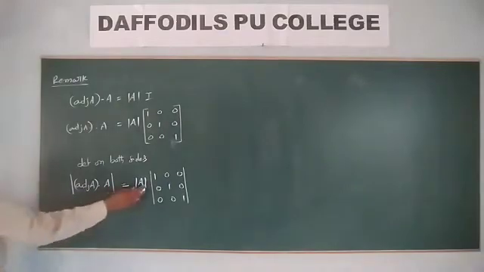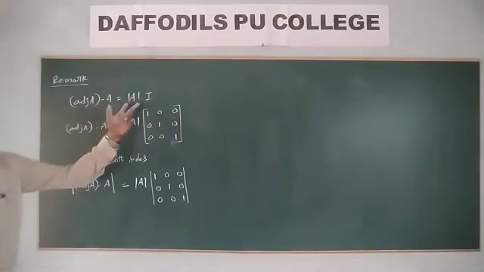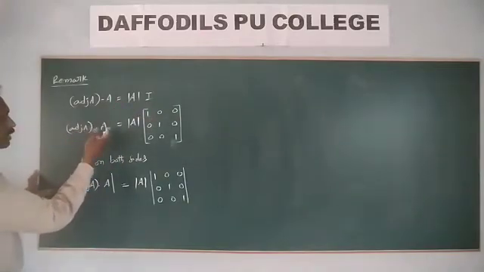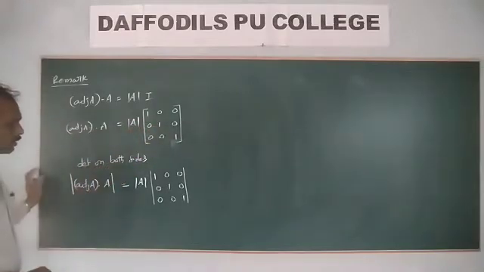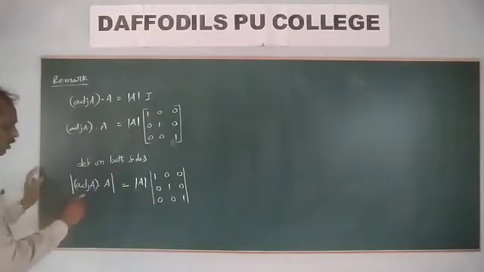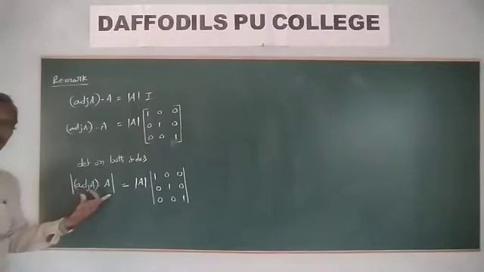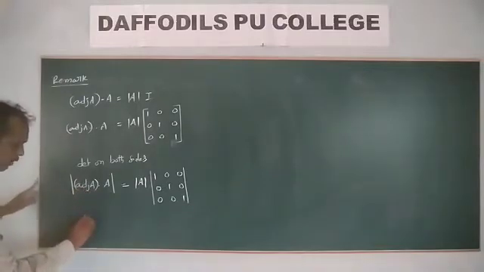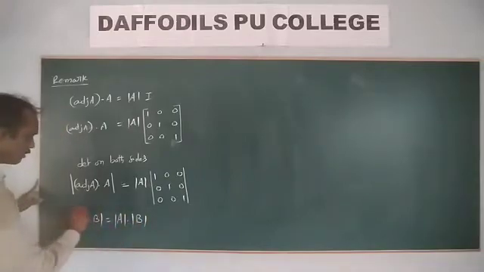Adjoint A into A is equal to det A into identity matrix, 1 0 0, 0 1 0, 0 0 1, from the above theorem. Determinant on both sides. Already explained from properties, determinant of A into B is equal to det A into det B.